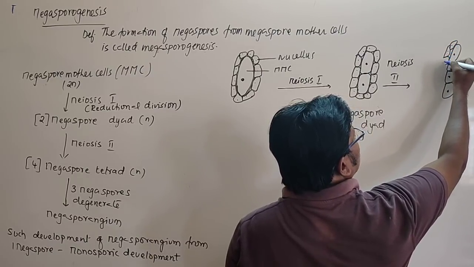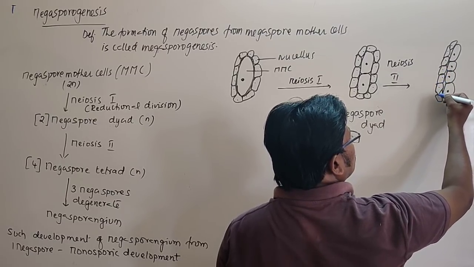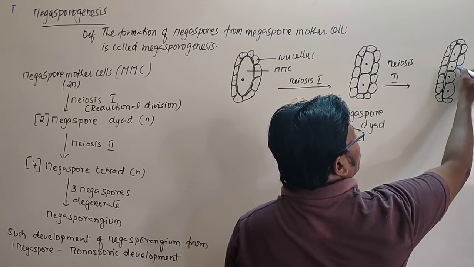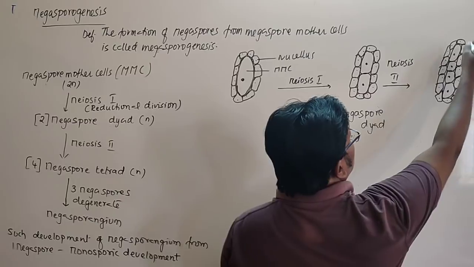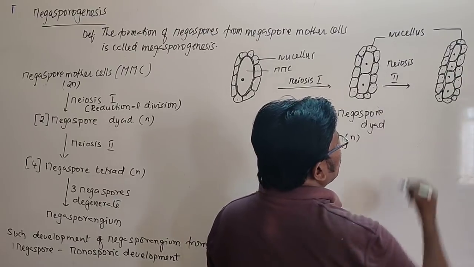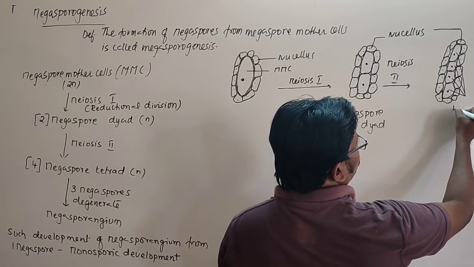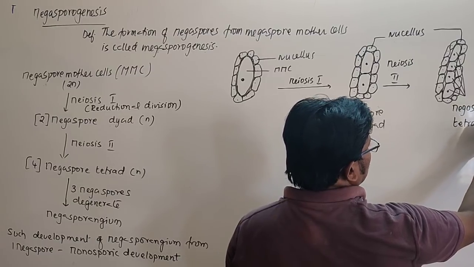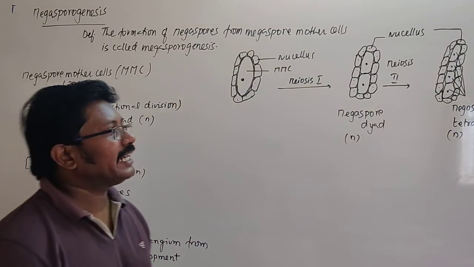Of course, all this takes place at the center of the nucellus, so they are all surrounded by nucellus tissue. You can see all these are megaspores. It's called a megaspore tetrad, and all those megaspores of the tetrad are haploid in condition.